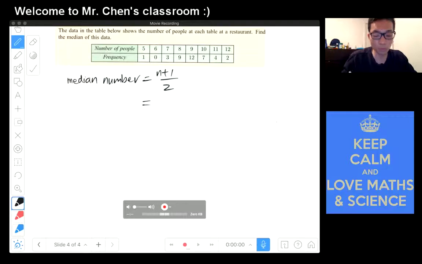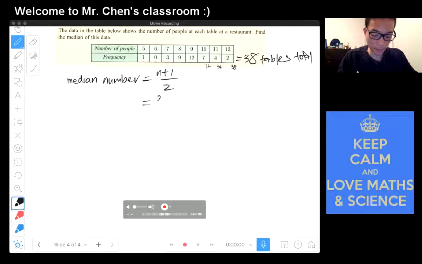You know your number of tables, so you just add these numbers up. 1 plus 0 is 1, 1 plus 3 is 4, 4 plus 9 is 13, 13 plus 12 is 25, 25 plus 7 is 32, 32 plus 4 is 36, 36 plus 2 is 38. So there are 38 tables in total.